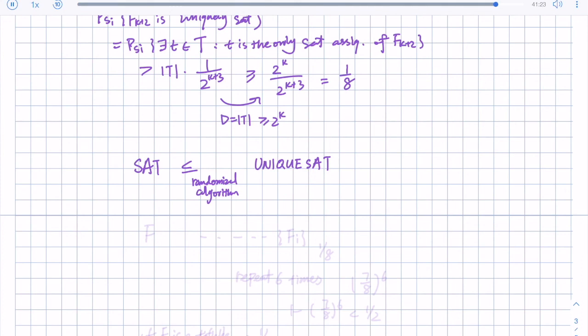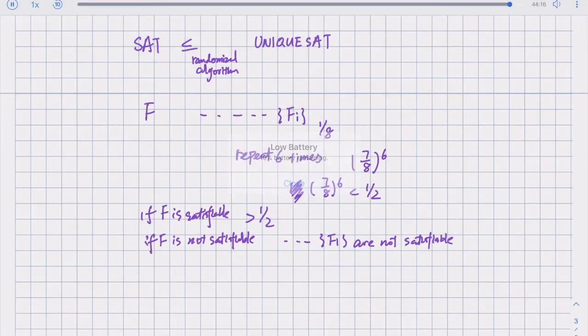So we will show this by constructing such a randomized algorithm that runs in polynomial time. Suppose we have an instance F for the SAT problem, then we can build a set of formulas Fi using the Valiant Vazirani theorem. And it has the property that one of the formulas in the set will be uniquely satisfiable with probability more than 1/8.